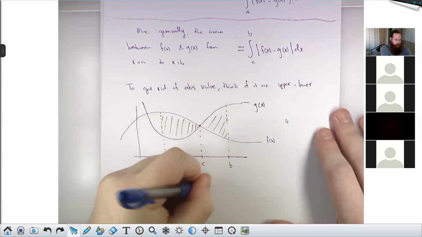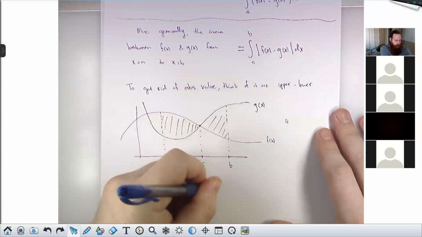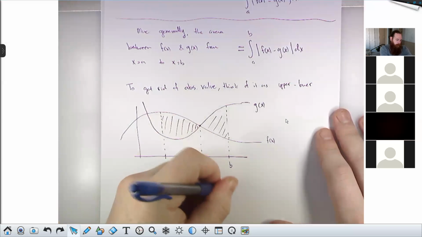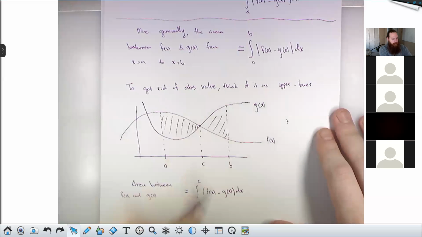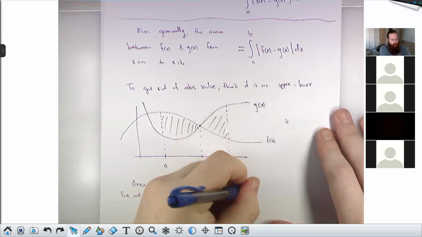So you integrate the upper minus the lower in each region. But then from C to B, G of X is the upper.